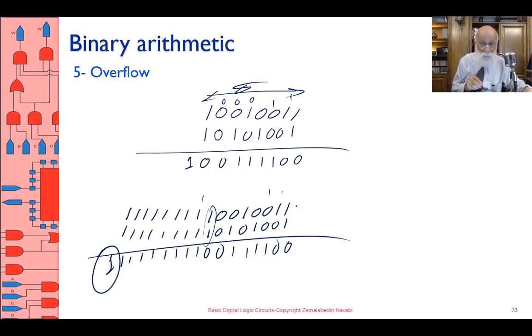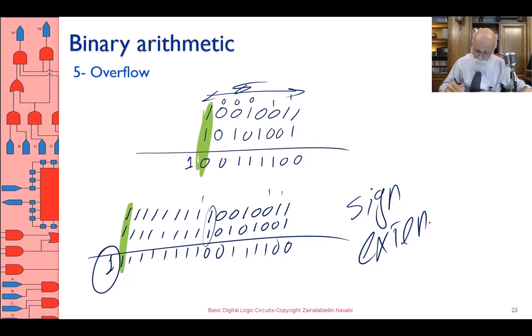Now I am adding two negative numbers. Here I'm adding two negative numbers, and the result is a negative number. Unlike this situation that I was only giving it the two numbers 8 bits. Now I'm giving it 16 bits. This is called sign extension.